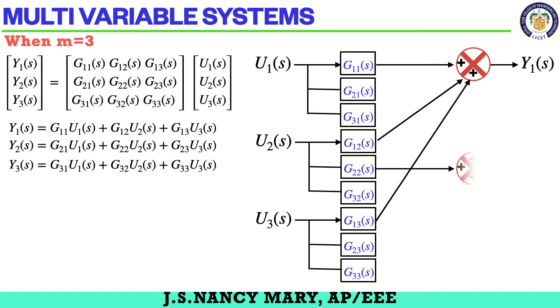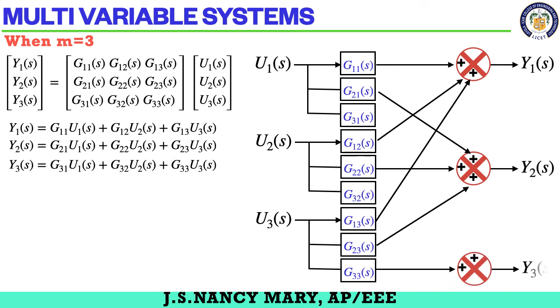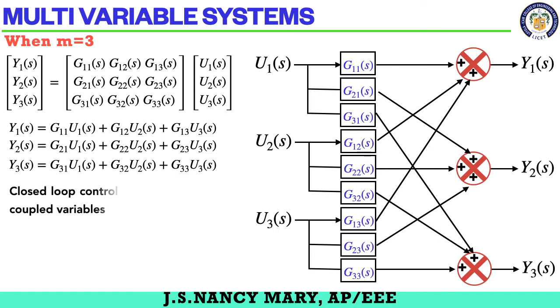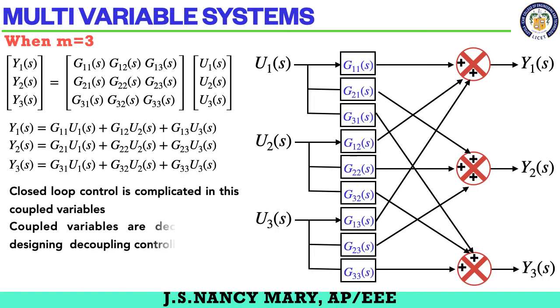Now when I am talking about Y2, it is nothing but G22 into U2, G21 into U1, G23 into U3. Now Y3 is nothing but G31 into U1, G32 into U2, G33 into U3. So these are complicated.